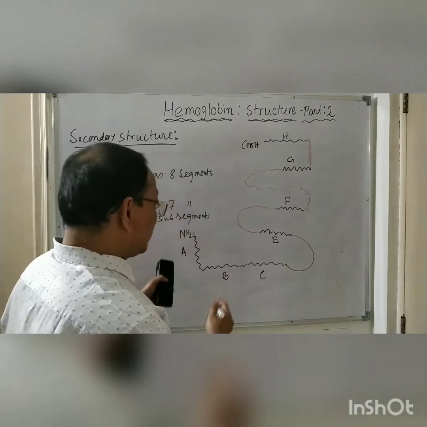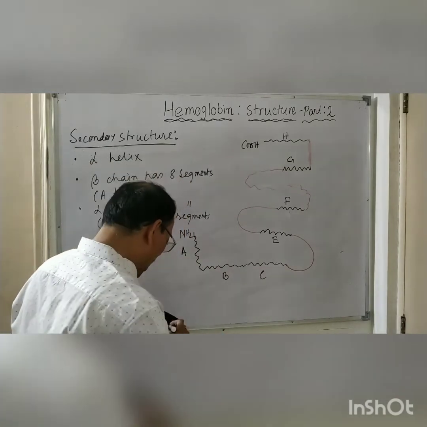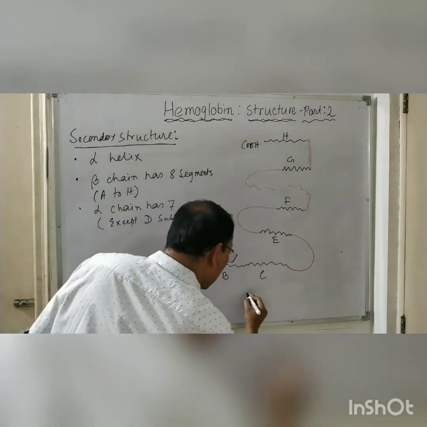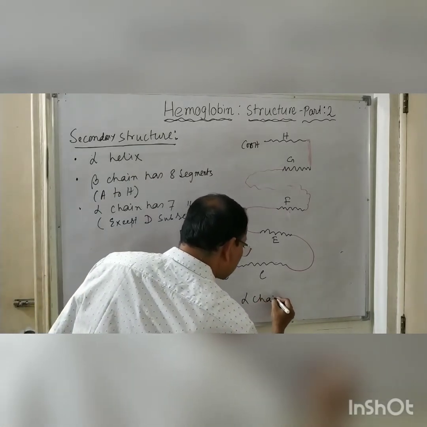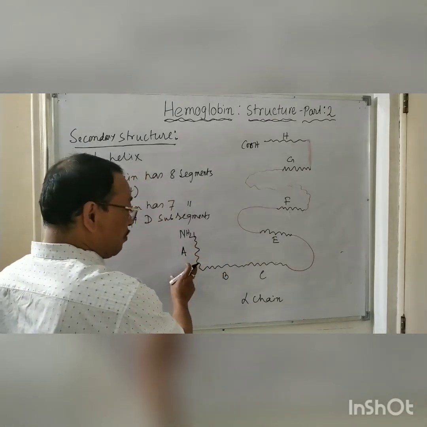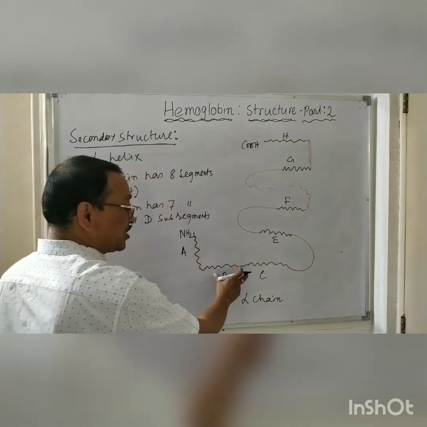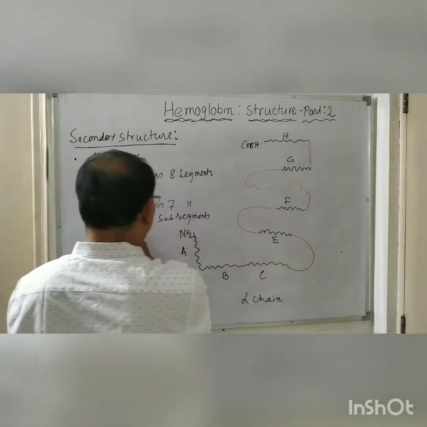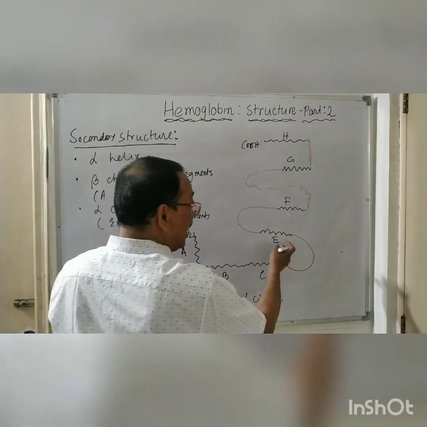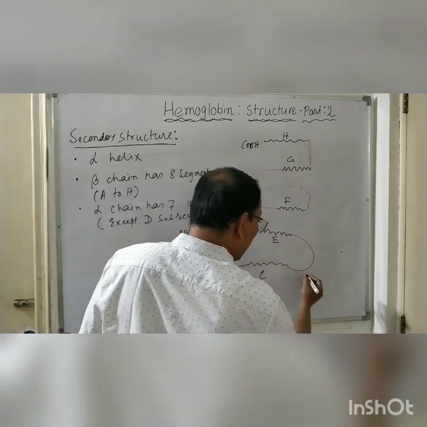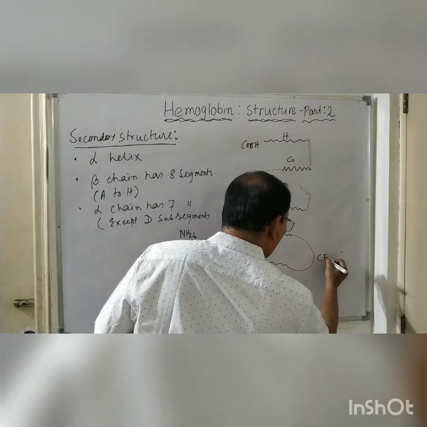So there are different segments. This is about the alpha helical structures of the alpha chain. It is comprised of the A, B and C subsegments. D is absent here, as I told. The C and E subsegments are joined by a loop known as the CE loop.